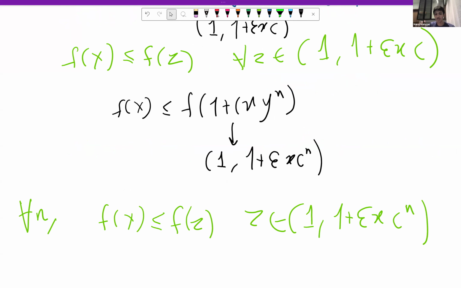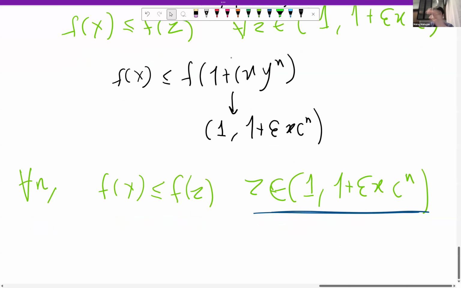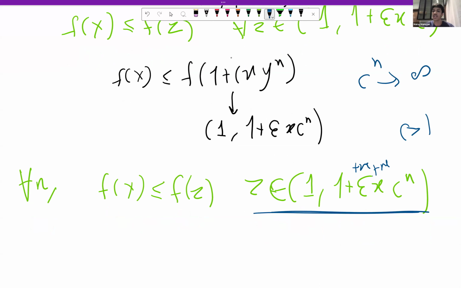What's the point? I have fixed an x. As I take n arbitrarily large, I can ensure this takes any value, because epsilon is a positive constant, x is a positive constant, and c is bigger than 1. So c to the power n goes to infinity, and you can make epsilon x c to the power n bigger than any number. Do you see why this is true?